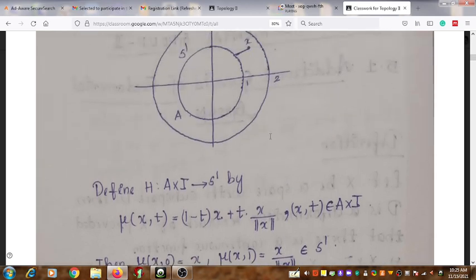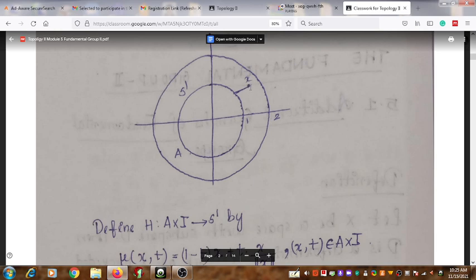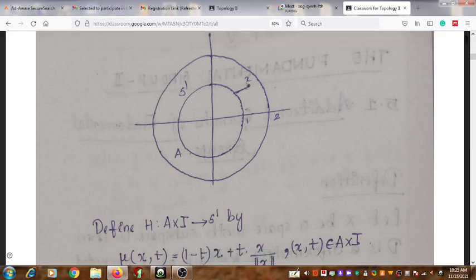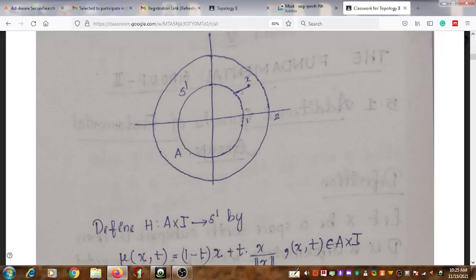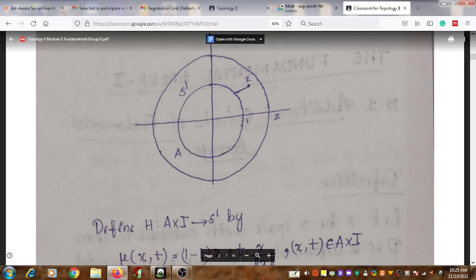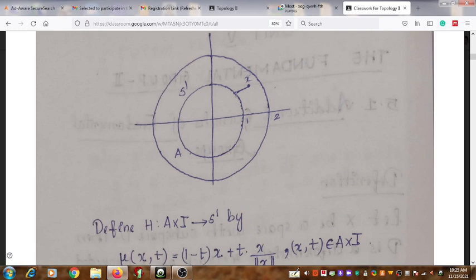See what happens when x is divided by norm of x. You consider this point x, and when it is divided by the distance of that point from the origin, it will be mapped to the corresponding point on the inner circle. When you draw a straight line from this point x to the origin, you obtain a point of intersection of that line with the inner circle.